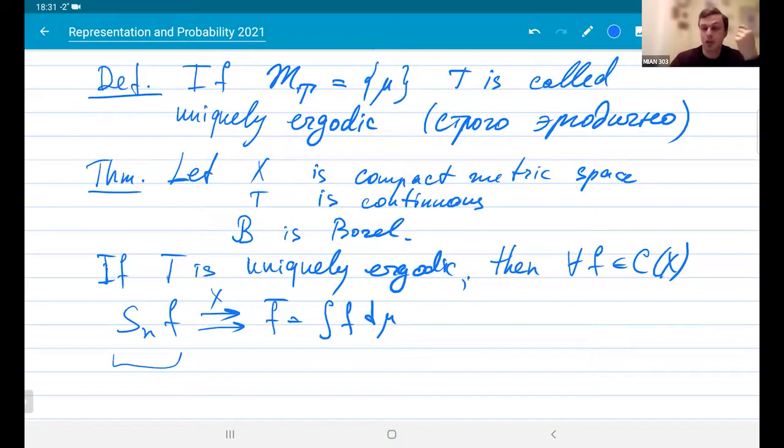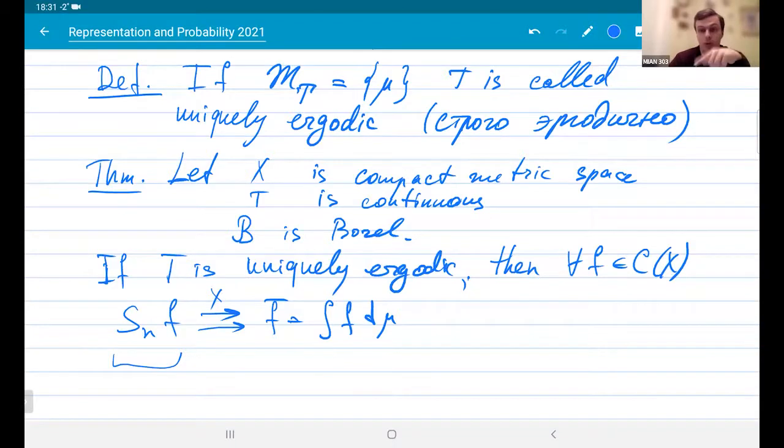Well, you can take one point x and go to the limit as n goes to infinity, taking a subsequence such that this converges to some number. In fact, to the integral, because for most points it converges even without taking a subsequence. But you can do something a bit more tricky.